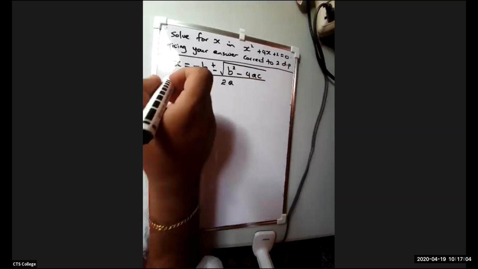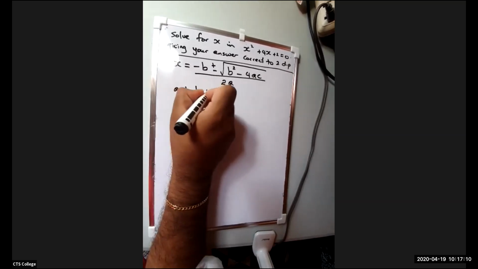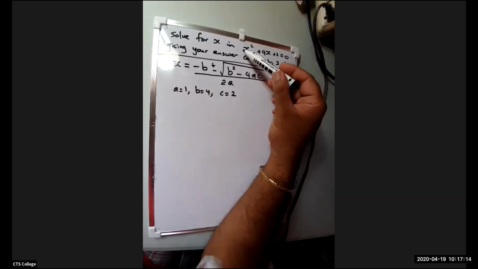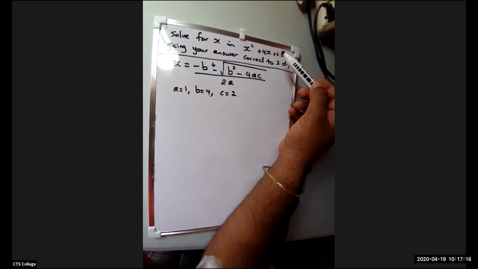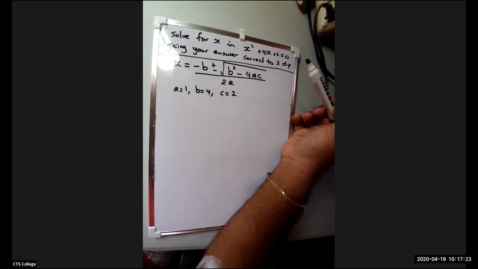Okay? Let us state what we know the values of a, b, and c are. A is 1, B is 4, and C is 2. Nobody confused so far, right? All right.